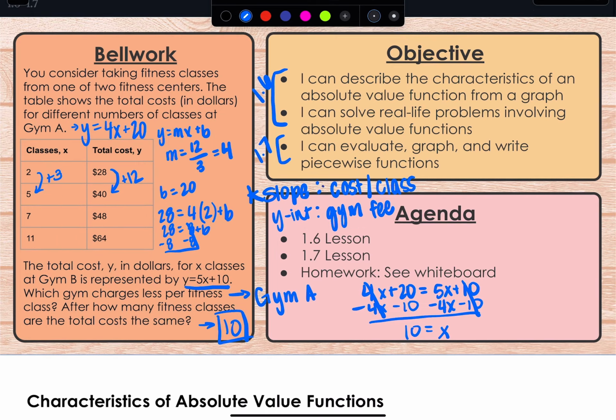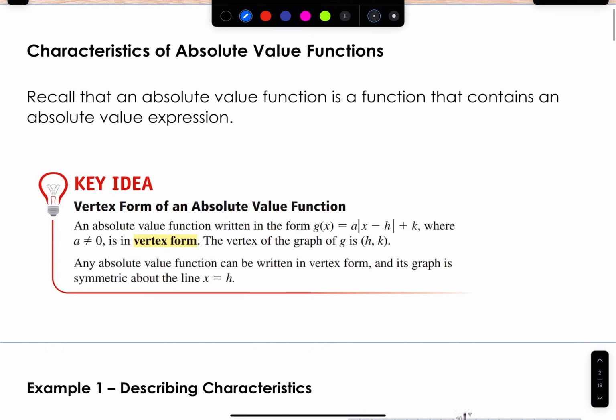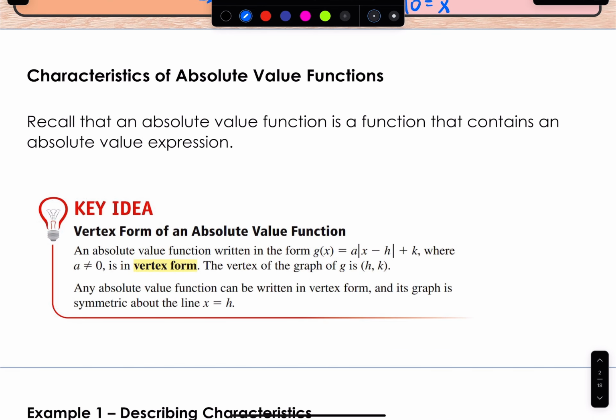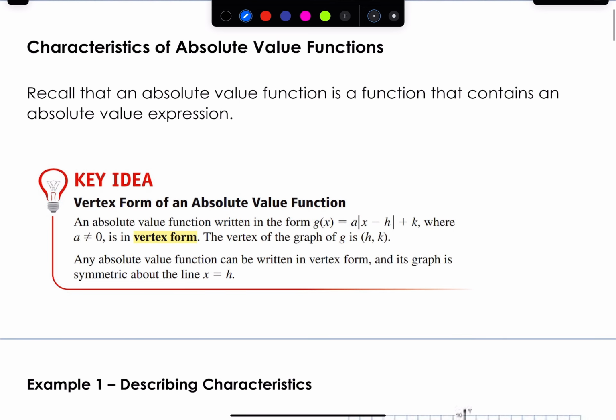All right, so starting with 1.6, we're talking about absolute value functions. Absolute value functions are any function that has an absolute value expression in it. When we're working with an absolute value function, it's always going to be in the form g of x equals a times the absolute value of x minus h plus k.